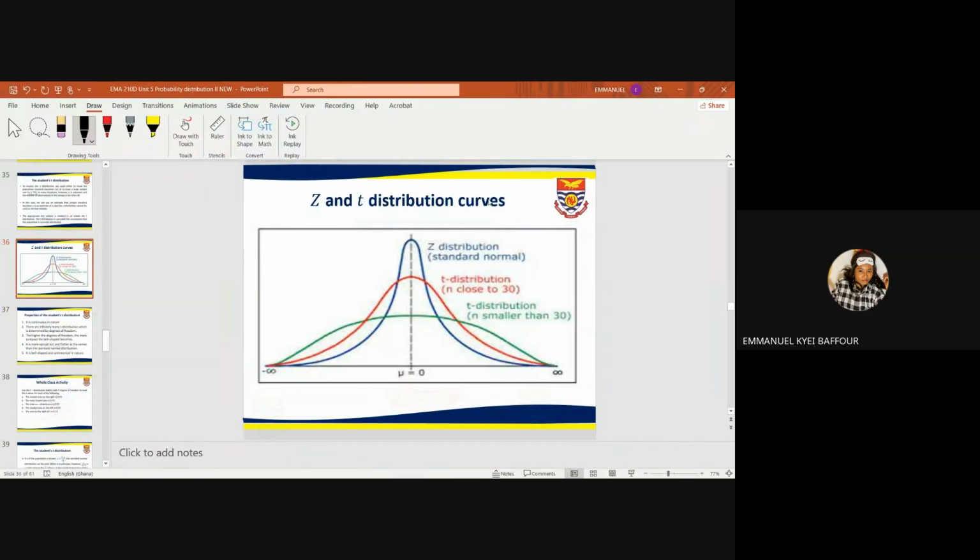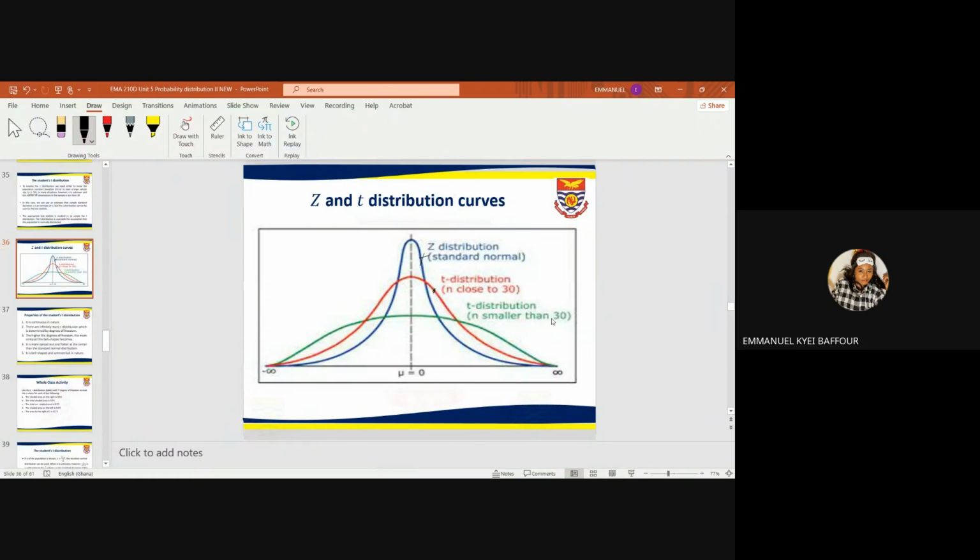This is the Z distribution. We have the T distribution here. If the sample size is close to 30, you realize that the T distribution is now flattening a bit, though it's quite steep at this point.